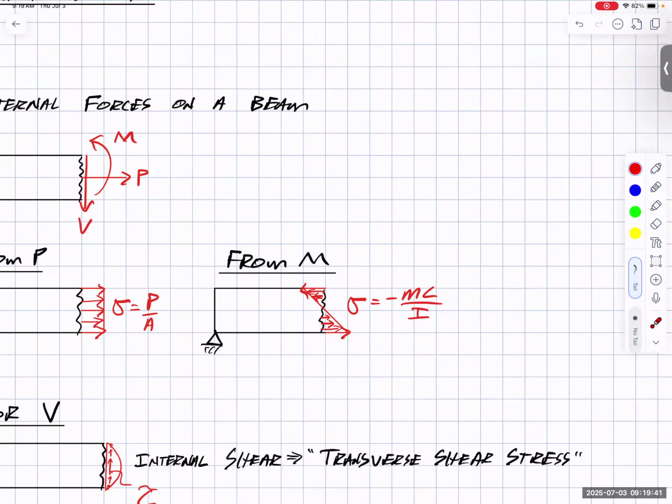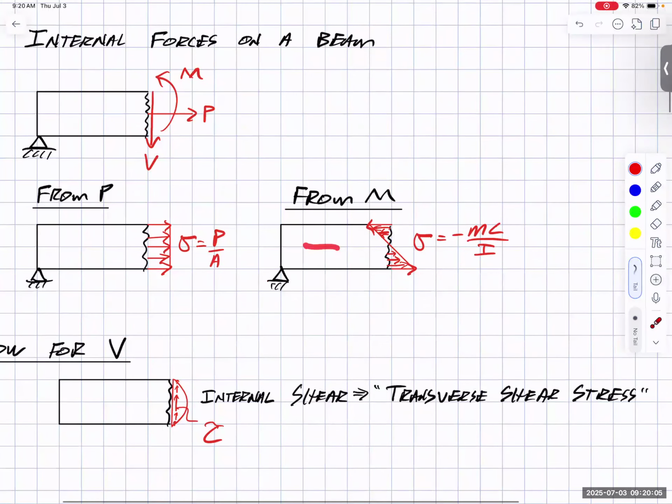We saw this before where we said, assuming we have some sort of positive moment making a smiley face, the top is trying to get shorter, so it's in compression. The bottom is trying to get longer, so it's in tension, and in between, it linearly changes. We talked about the part in the center being the neutral axis where there's zero stress, and we had an equation of Mc over I.